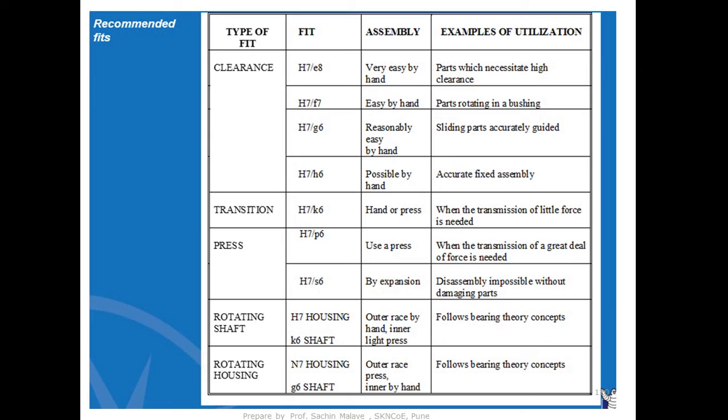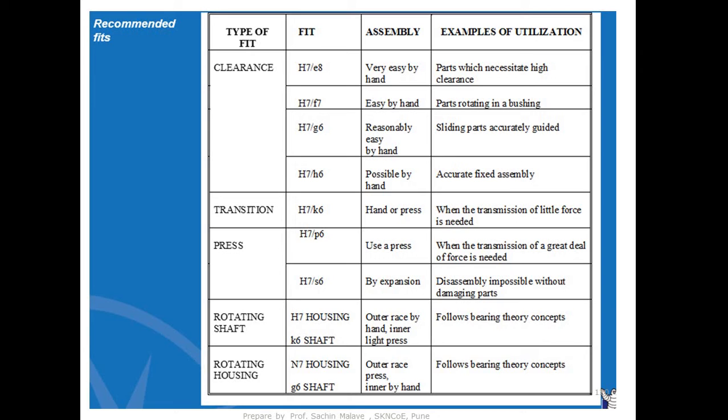So everywhere in this clearance fit you can see the assembly is possible either by hand very easily or with some effort. Now the transition fit, H7 K6. You can see we have taken this as a hole based system. Every time the hole is constant, H7 H7 H7 H7, whereas E F G H K are the different shafts, small letters.